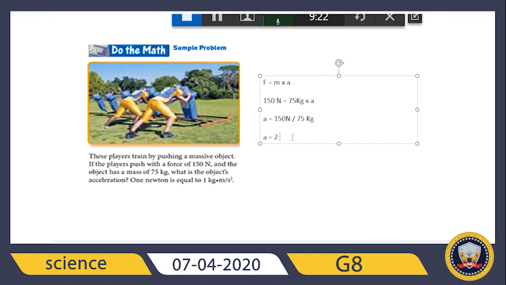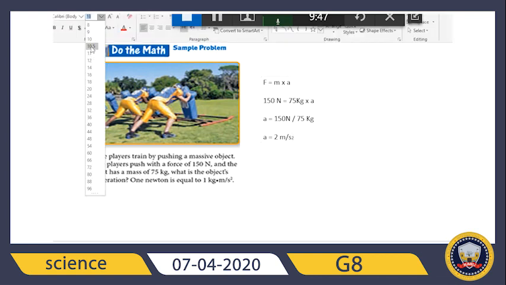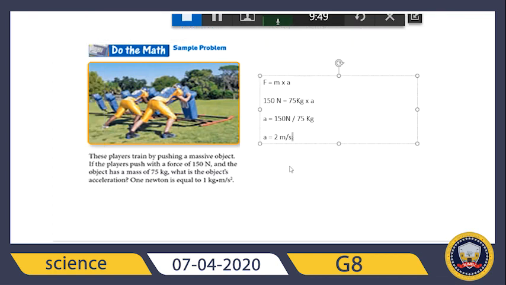So acceleration is equal to 2, and you may remember the unit of acceleration is meter per second squared.